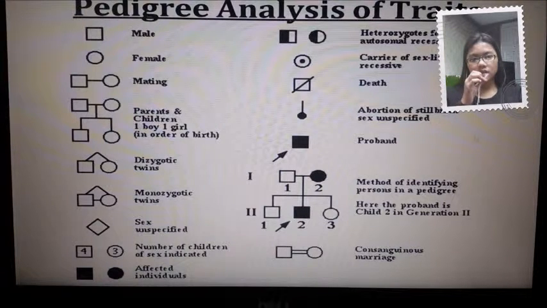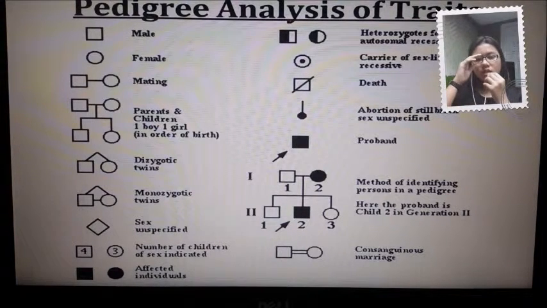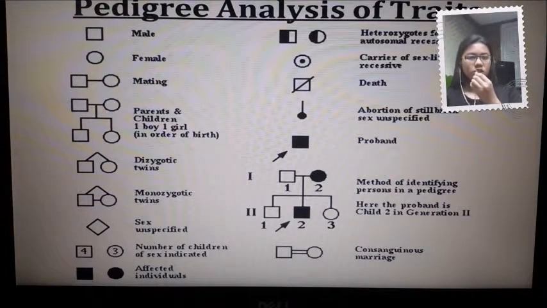And then the next is the carrier of sex-linked recessive. Seen here is a dot inside the circle. Being a carrier of a sex-linked recessive trait is only seen in females.